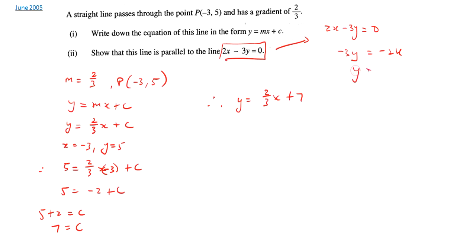Therefore, y is equal to minus 2x over minus 3, and therefore y is equal to 2x over 3. So the gradient of this line is 2/3, and the gradient of the line we just worked out is also 2/3. Alright, and therefore we say that the two lines are parallel.